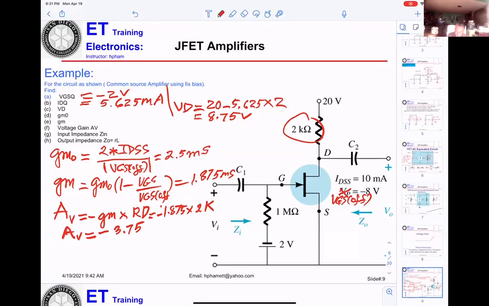Input impedance, Z in, is 1 megaohm here. And output impedance, Z out, in this case will be equal to 2K.